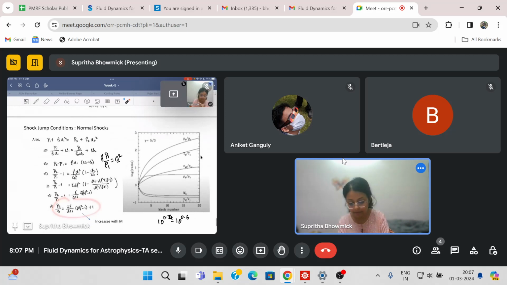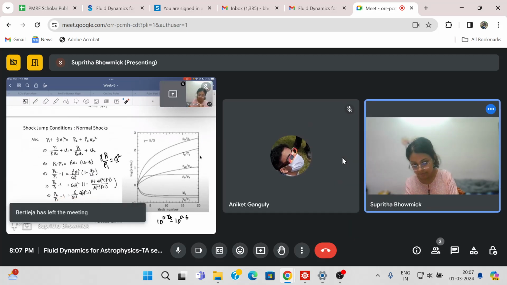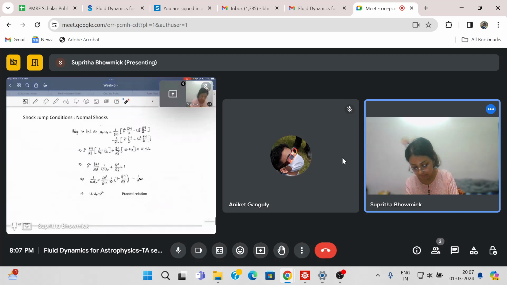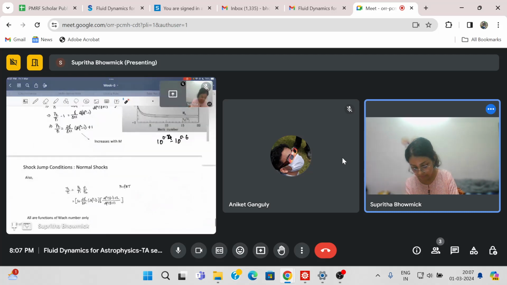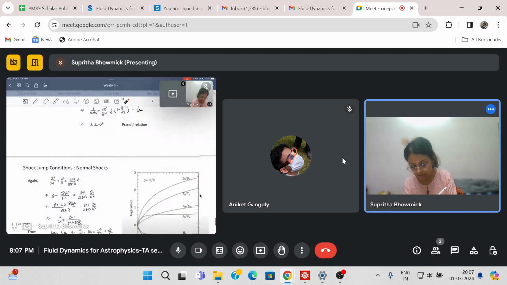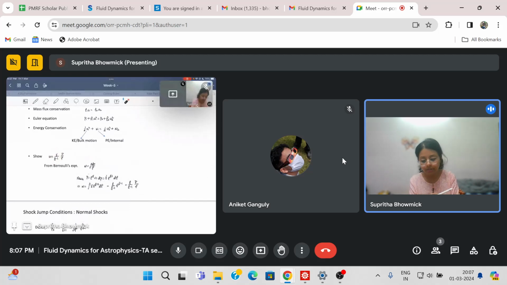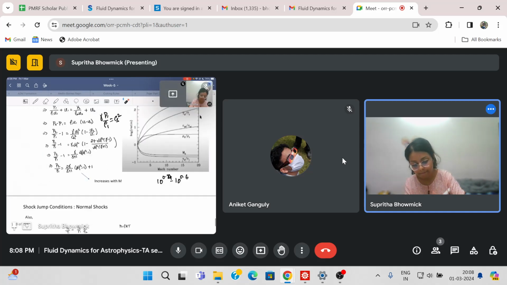And what is enthalpy? It's this. So gamma will remain constant across the shock front, but you have W1, which is P1 by rho 1, that is different from P2 by rho 2. So enthalpy does change across the shock front. Okay, is that clear?